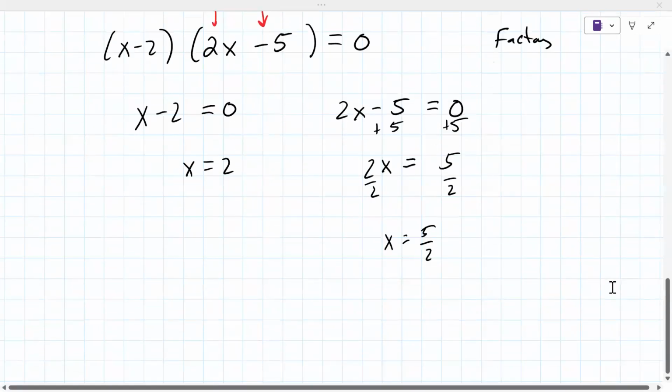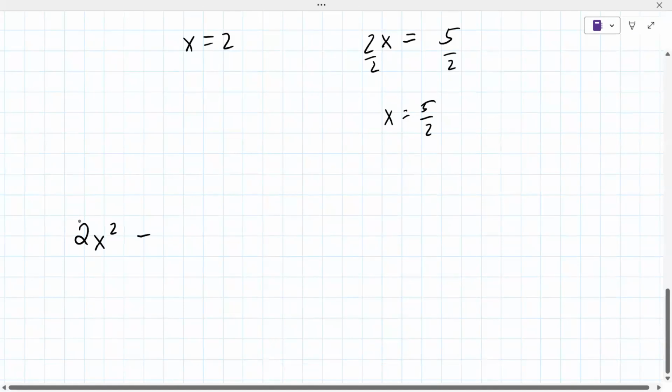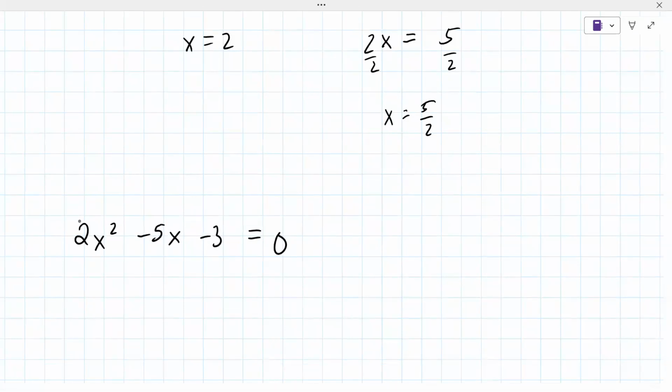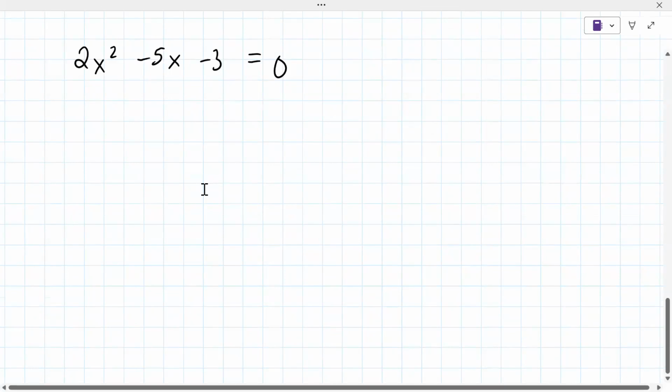So this one's 2x squared minus 5x minus 3 equals 0. Do you want to try this one on your own, or do you want me to work through it for you? Can you walk through it?